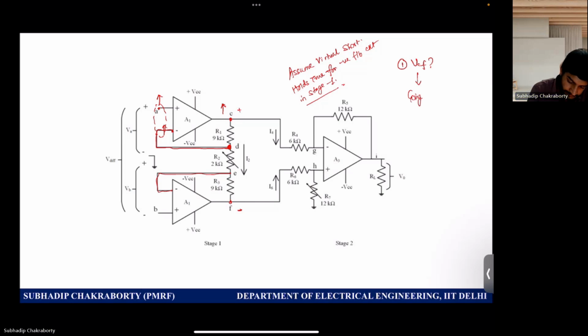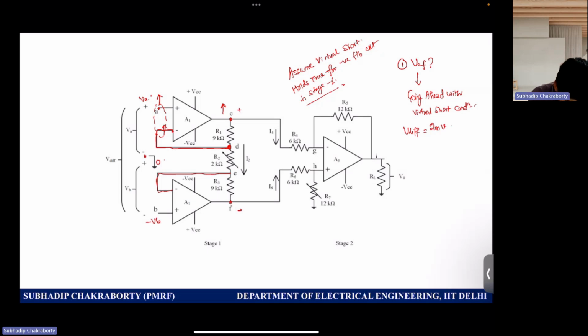Going ahead, with the virtual short condition, what we get is this potential is set to 0, and hence we can assume this as plus VA and this as minus VB, and of course the V difference is already furnished in the problem as 2 millivolts.